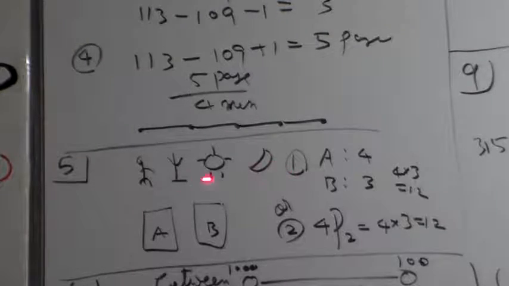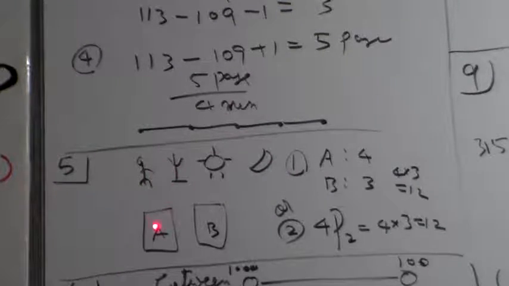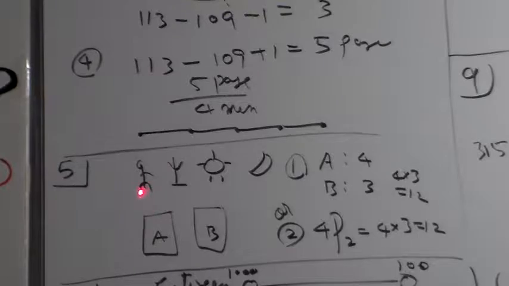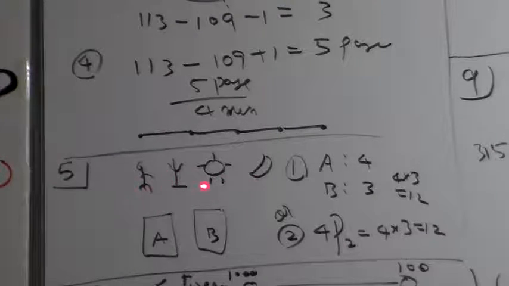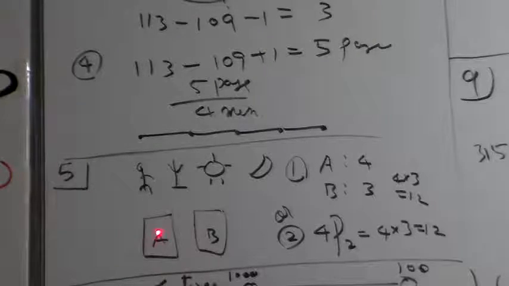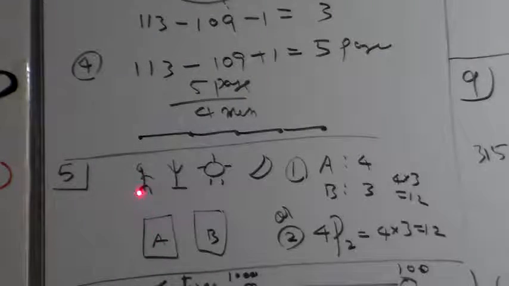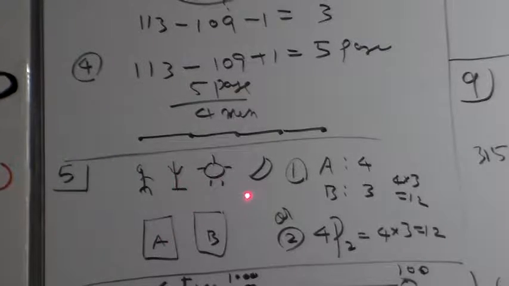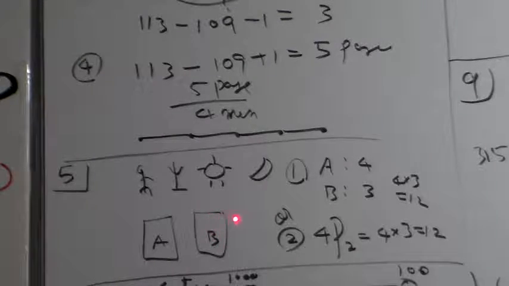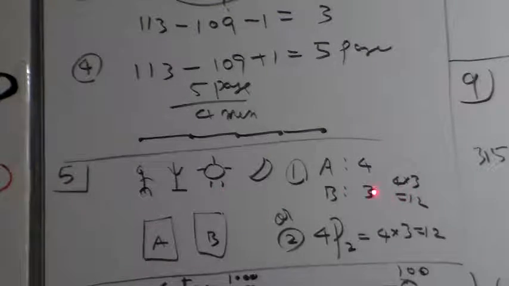First method: you put one picture in frame A. You can put this one, this one, this one, or any of them, so you have 4 options. Once you put one there, the leftover is 3, and you put those in frame B. That's why you have 3 options. So 4 times 3, this is the manual way: 4 times 3 is 12.